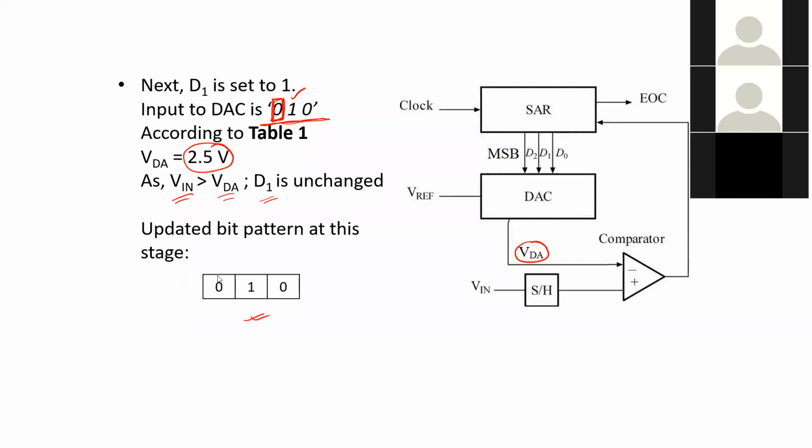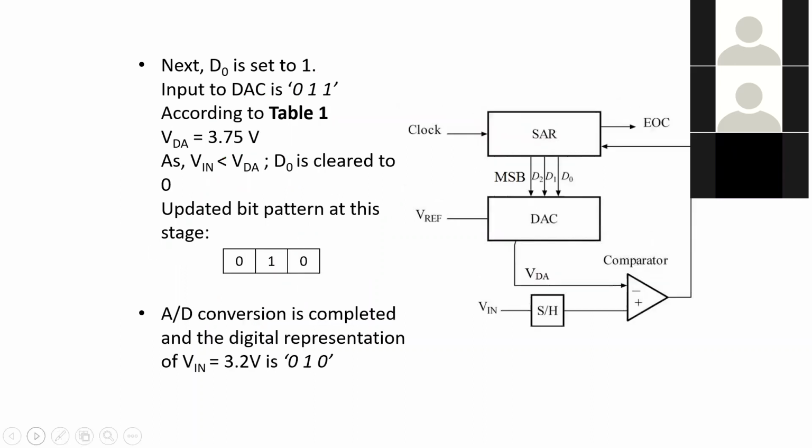So lastly, the first 2 bits have already been considered. The status of the last bit is now going to be checked. Now similarly, D0 is going to be set to 1. The input bit pattern to the DAC would be 0, 1, 1, which will correspond to 3.75 volts.